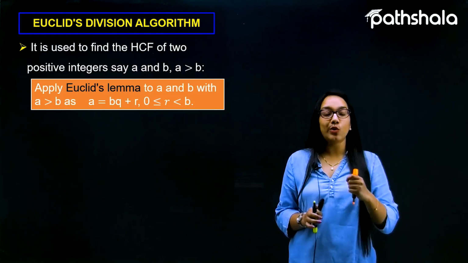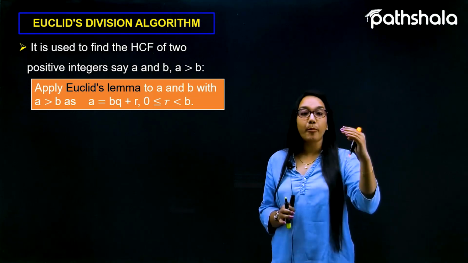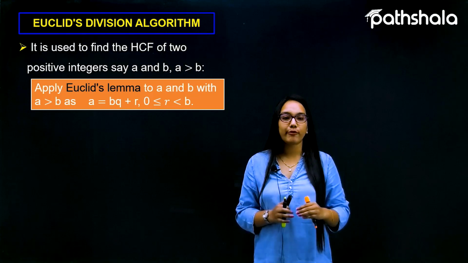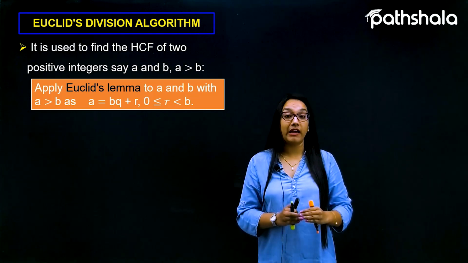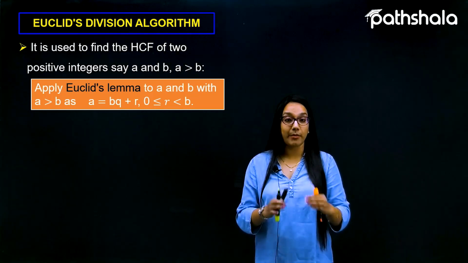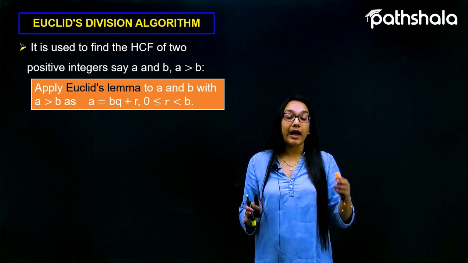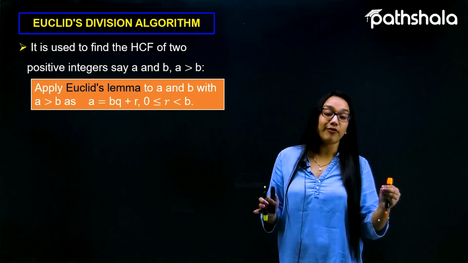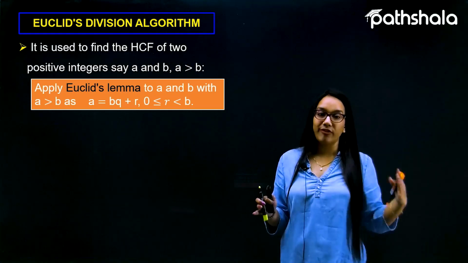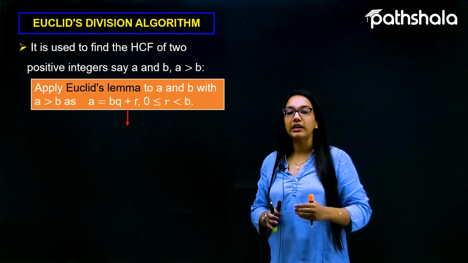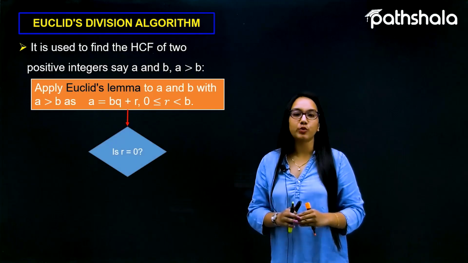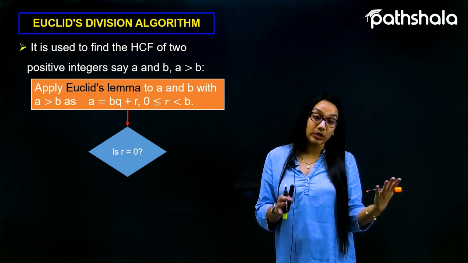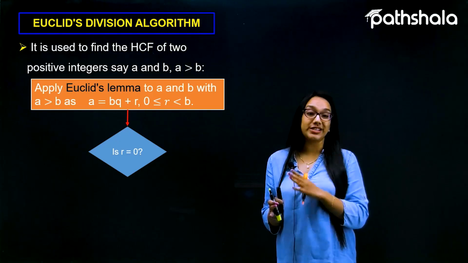Now, as we know, algorithm means a proper series of steps. So suppose we have two numbers a and b, and we have applied Euclid's division lemma to a and b, writing them in the form a is equal to bq plus r.